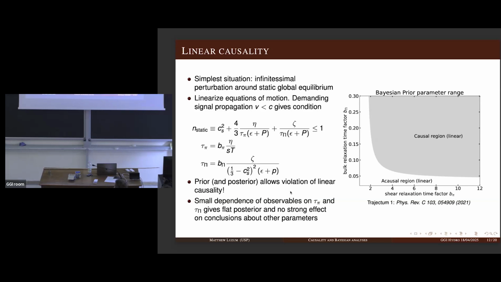It becomes bigger than one. Yeah, positive. I don't think it's possible. So I take the minimum c_s squared because any simulation travels through that temperature at some point.